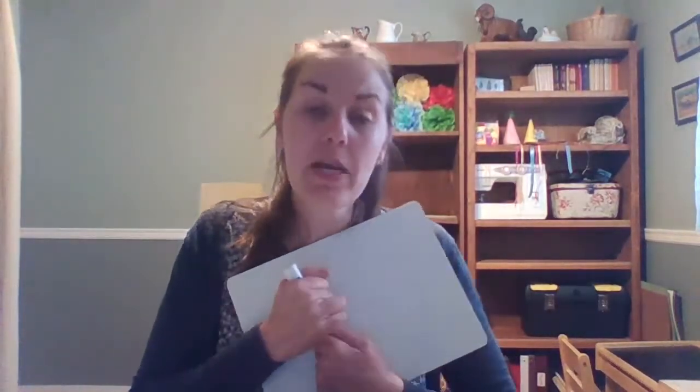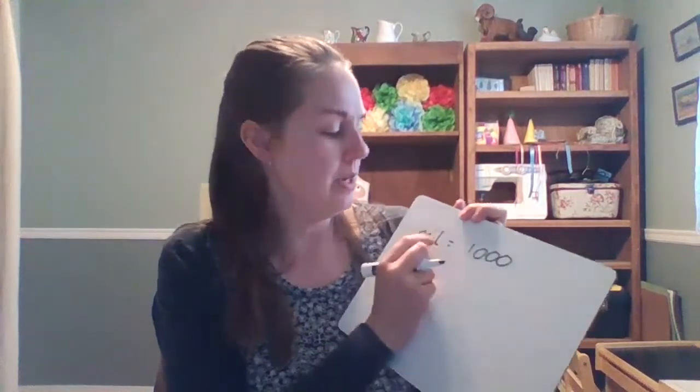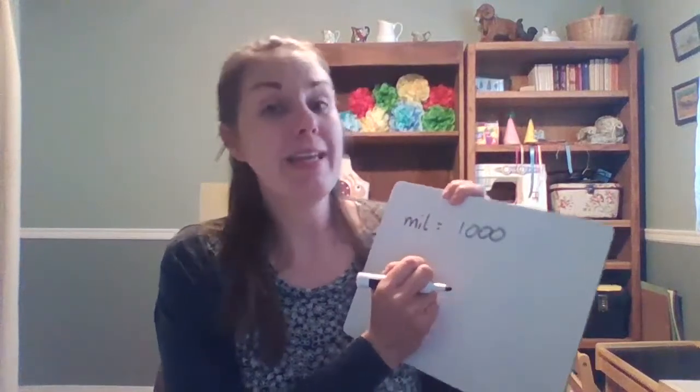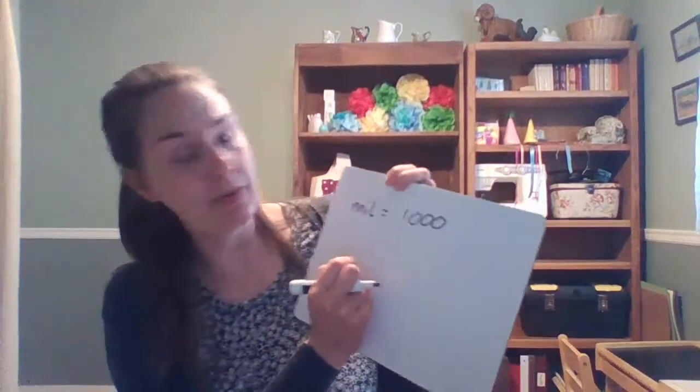At the bottom of that little model area, it reminds you, it says, remember that 1 kilogram is equal to 1,000 grams. So just like we talked about milliliters and liters, mil is 1,000, but we also have kiloliters and kilograms.